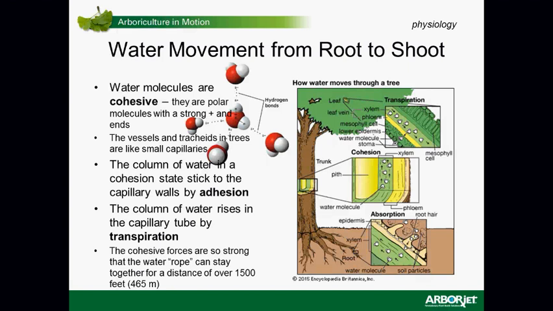So it kind of sticks to the wall, they stick together, and they could rise. Well, what's the driver of the rising column? It is transpiration. That column is driven by evaporation off the stomates, so that water rope will go up the tree and exit through the stomate.